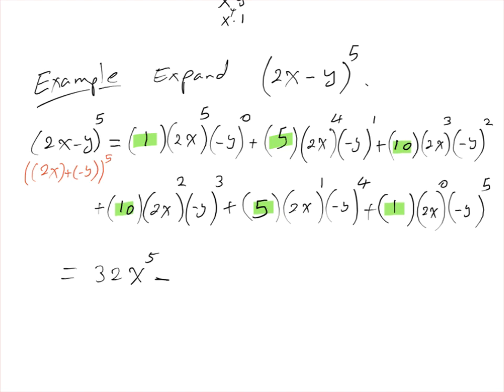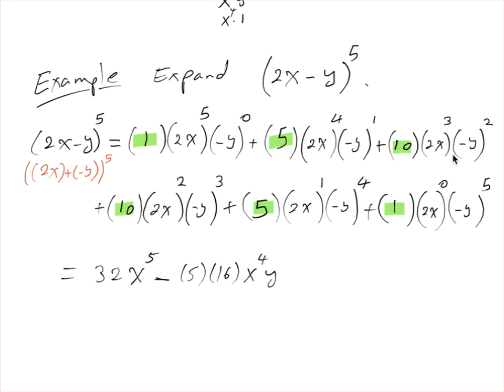So you have 2 to the 4, which is 16, times 5. So first of all, I have a 5, and then 2 to the 4 is 16. I will simplify later. And then x to the 4th power, y to the 1st power. You don't need to write the 1st power, just write y.